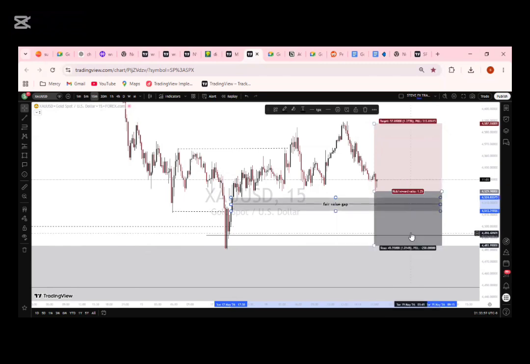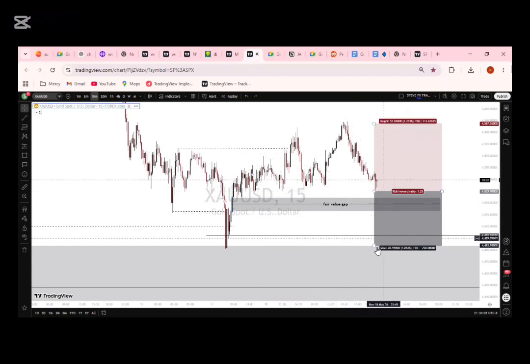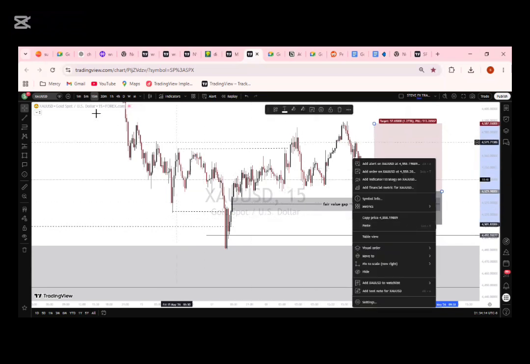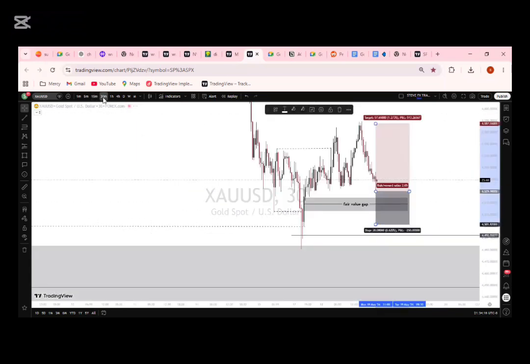So once you've been able to identify your refined order block, you also need to go down to a lower time frame. Let's say this becomes our trade, or this is a trade that we are actually taking.